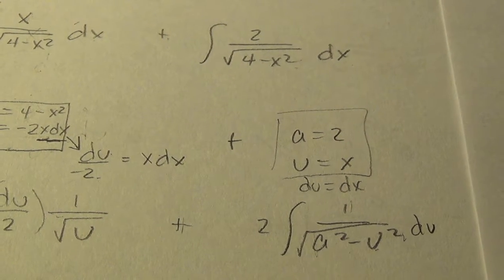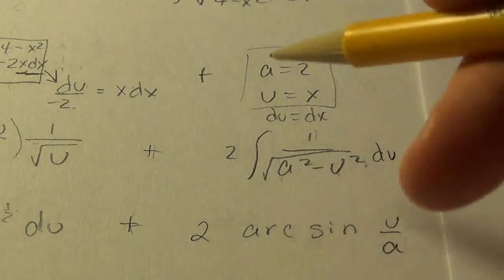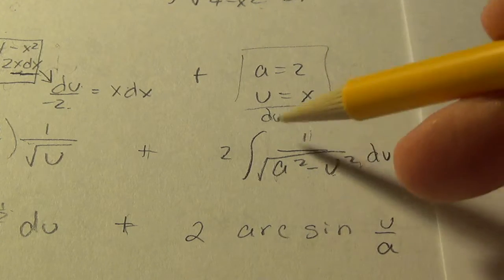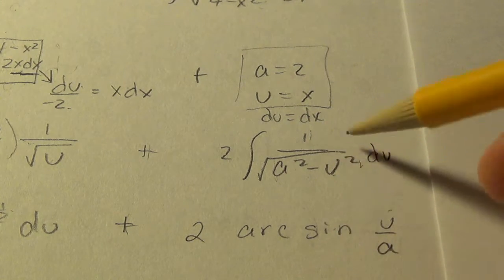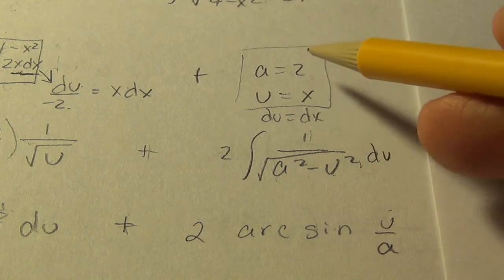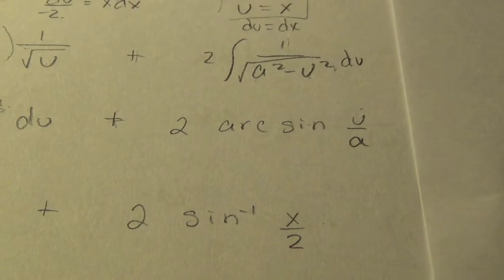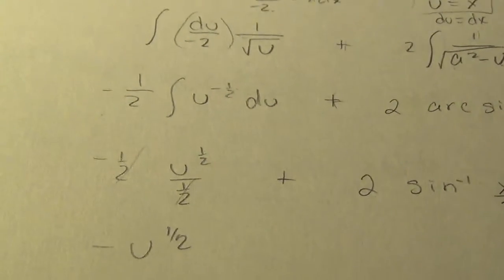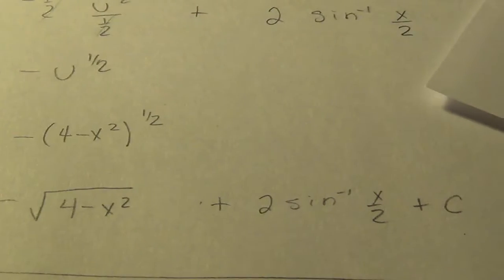And that's the inverse sine form. So I just create the inverse or arc sine of u over a. It matches exactly except for the 2. Now I go back and put x's for u and 2's for a, and I get 2 sine inverse x over 2. My final answer then I can put together down here.